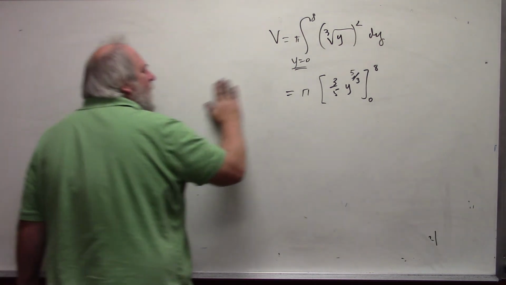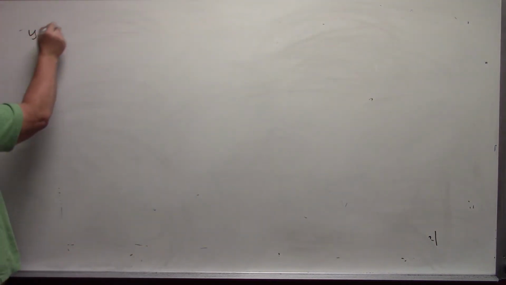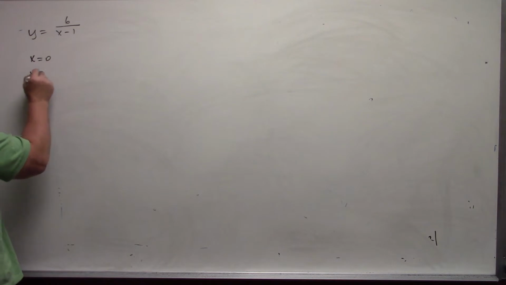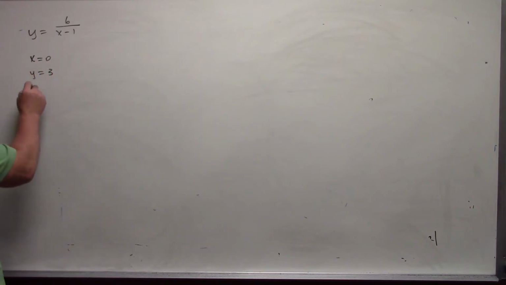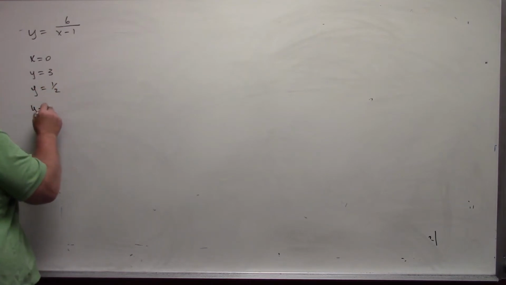Suppose I have y equals 6 over x minus 1, x equals 0, y equals 3, y equals a half, about the y-axis again.